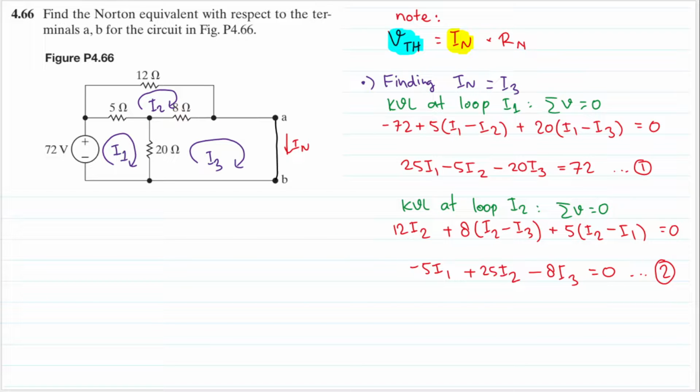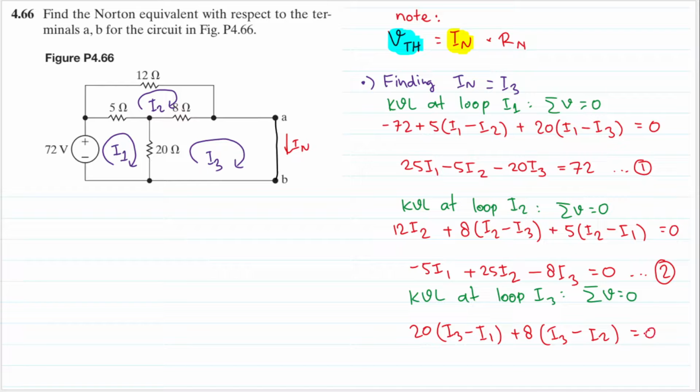Now let's do another KVL, this time at loop I3. The sum of the voltage will equal 0. We will start from this 20, so we will have 20 I3, but I1 is flowing in the opposite direction. And then plus 8 multiplied by I3, but I2 is flowing in the opposite direction.